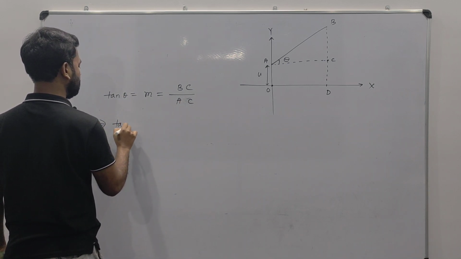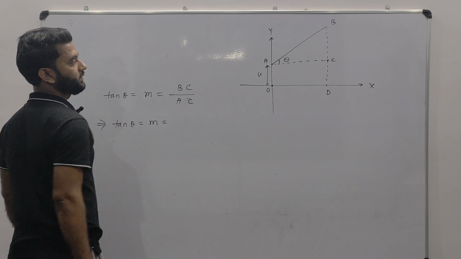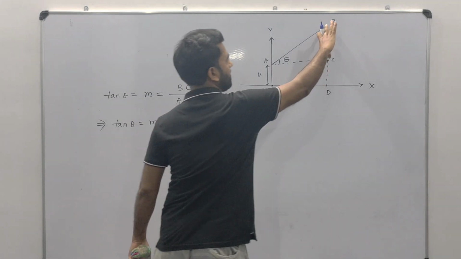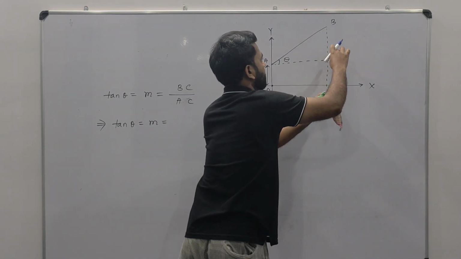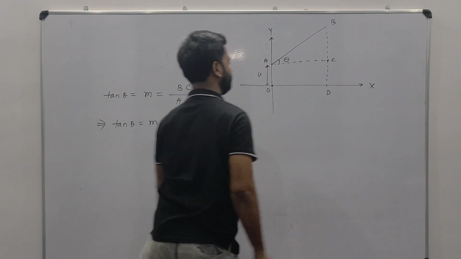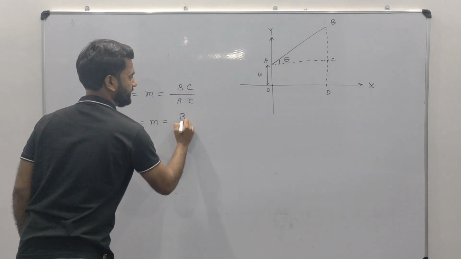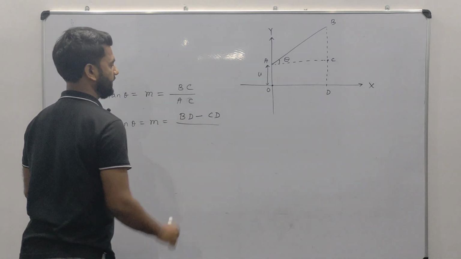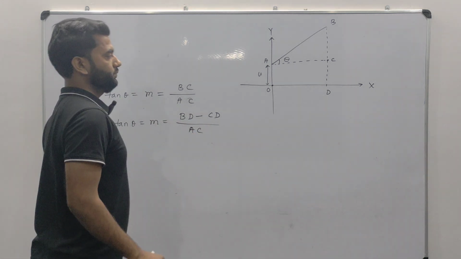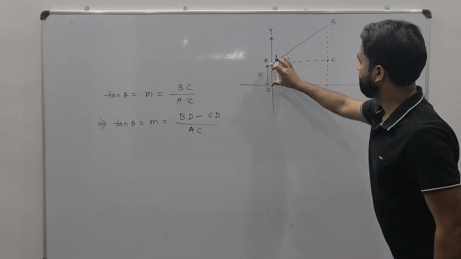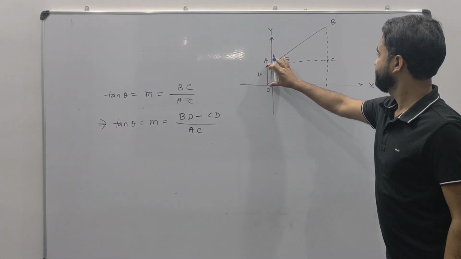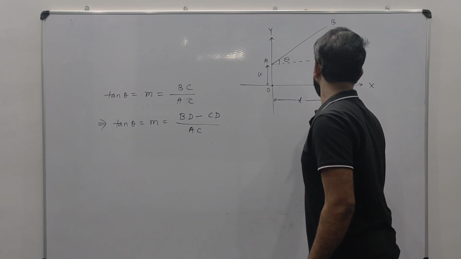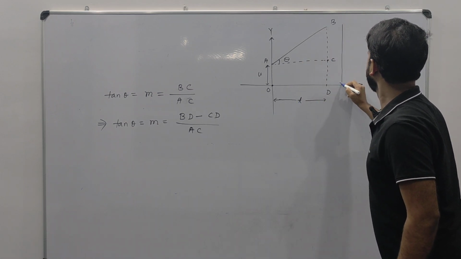Tan theta is equal to m, and BC can be written as BD minus CD, by AC. Now, u is the initial velocity, and after an interval of small t, the velocity becomes v.